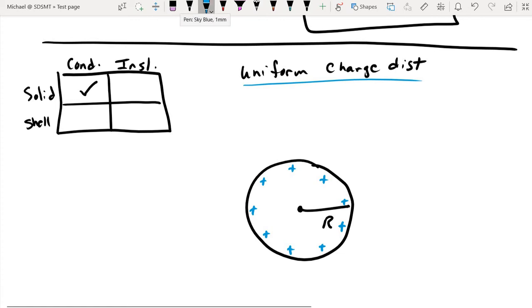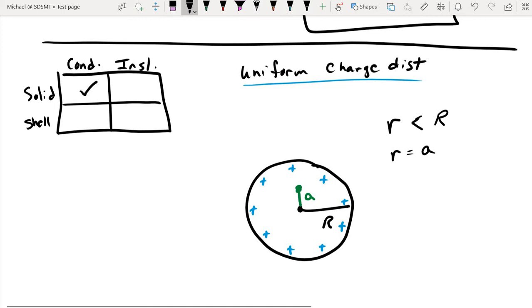But now we're going to go inside the sphere somewhere, maybe right there. And we'll say that this location has a radial value of A. So the value that we're measuring is less than the full radius of the sphere. So R is now equal to A.